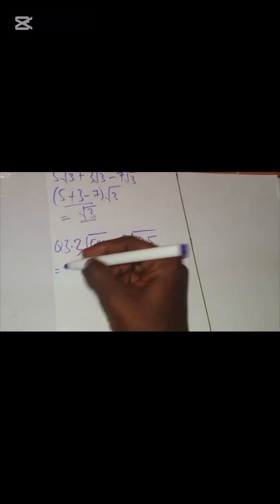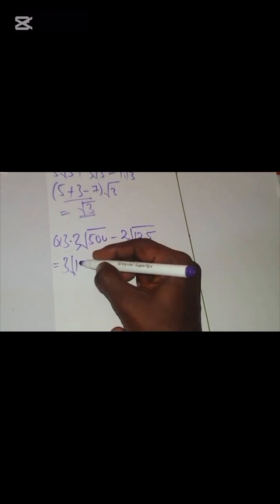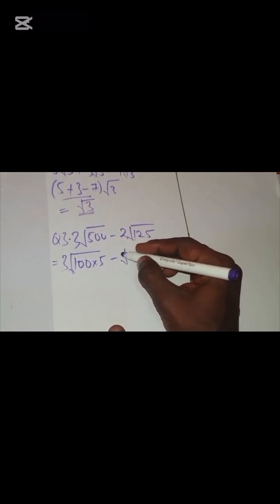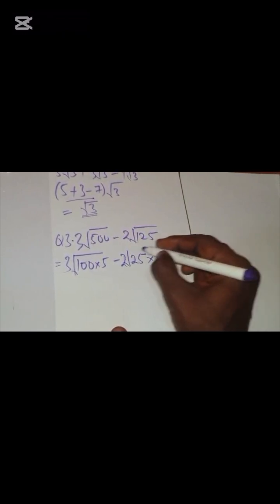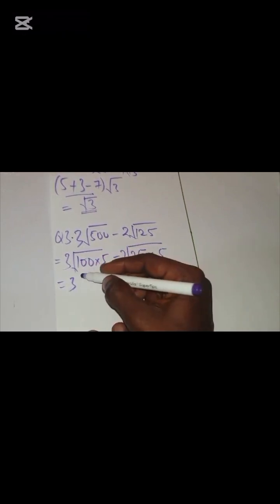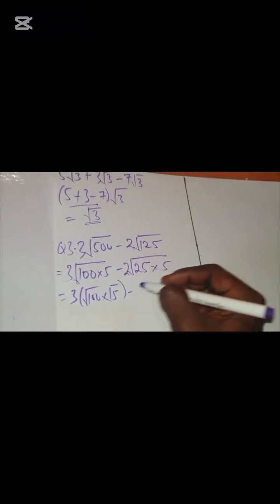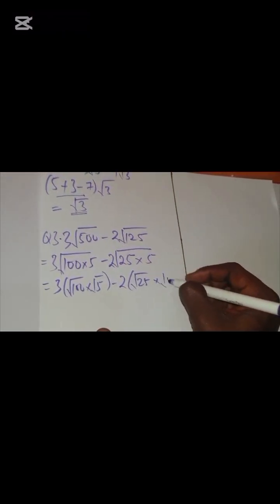So solving, we have, this is very fast, just 100 times 5 minus 25 times 5. This gives us root of 100 times root of 5 minus 2 root of 25 times root of 5.